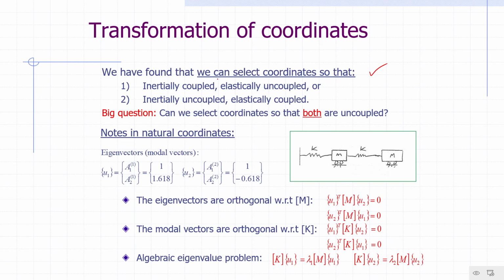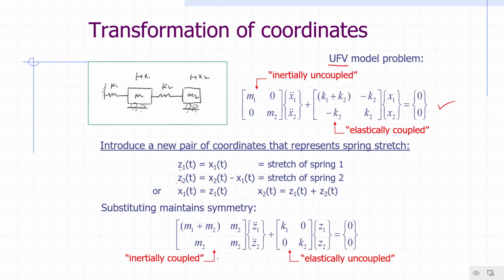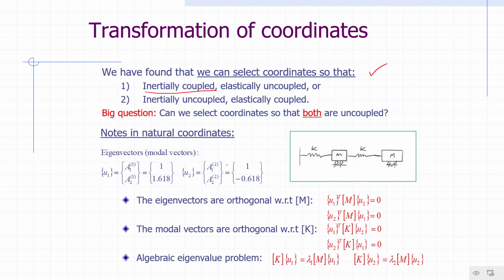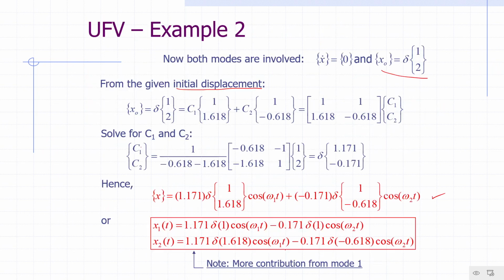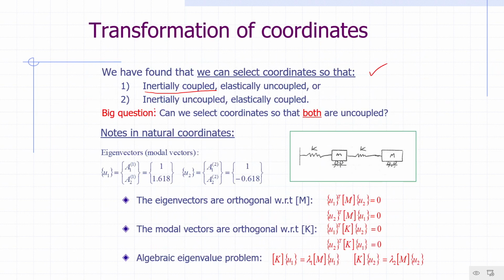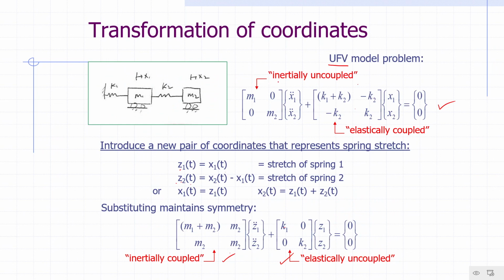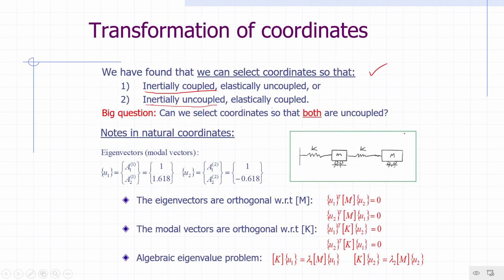We have found that we can select coordinates so that it is initially coupled, which means this one, but elastically uncoupled, which means this one. Or initially uncoupled but elastically coupled, which is the original equation.